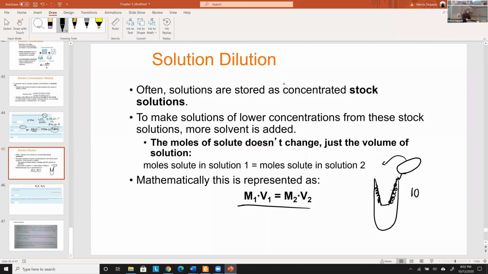Let's say it's a 10K cutoff, meaning everything that's less than 10,000 grams per mole will go through those porous holes. Everything that's above 10,000 grams per mole, such as your proteins, your cells, or anything else you want to keep, will stay in here.